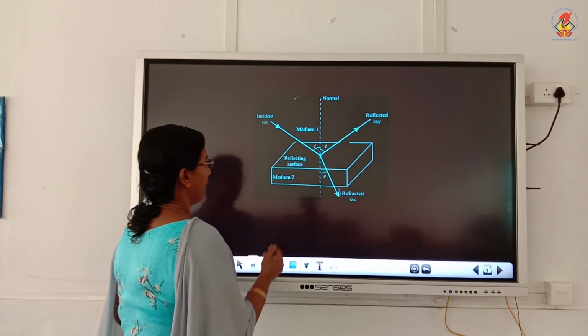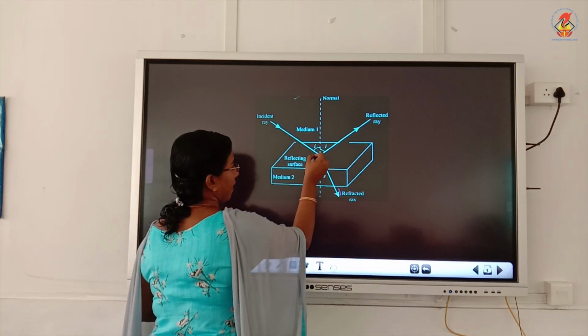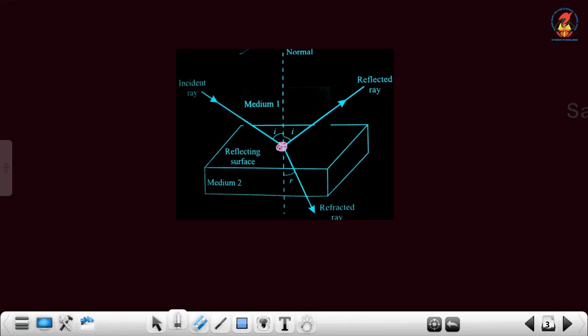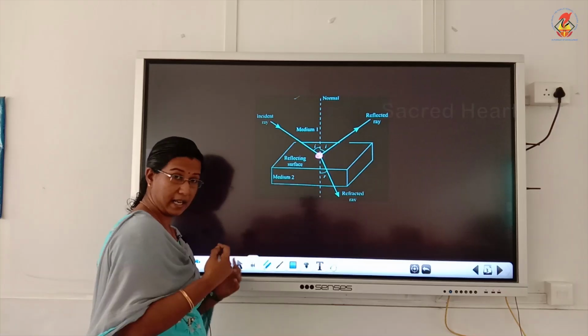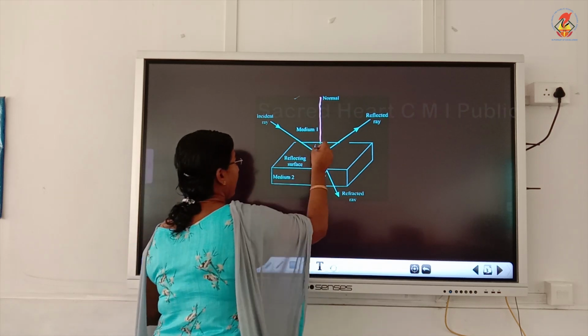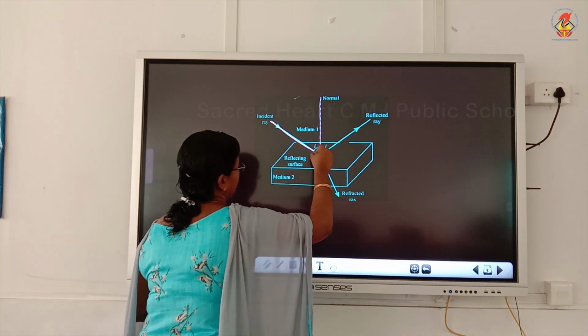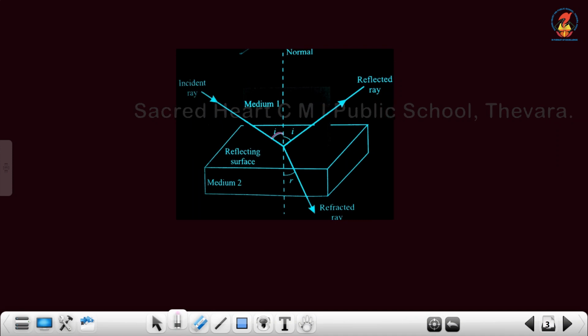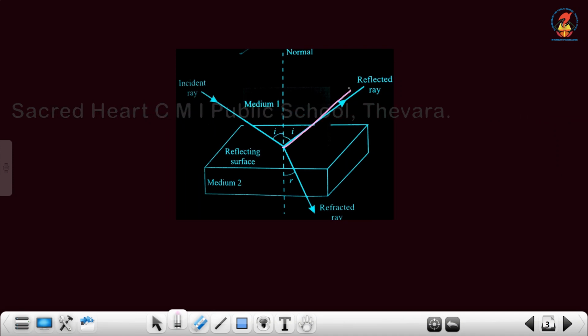If you look into the diagram, this is the point where light is falling and a line is drawn perpendicular to the plane at this point, and that line is known as the normal. So the angle between the normal and the incident ray is the angle of incidence, and the angle between the reflected ray and the normal is known as the angle of reflection.